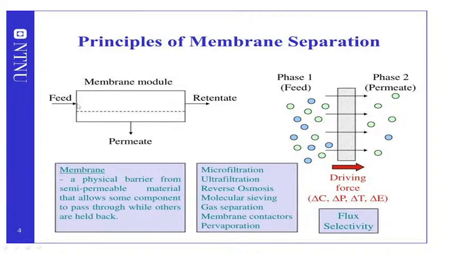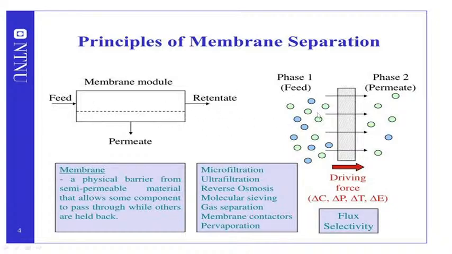Different membrane modules will be there. What is passing through the membrane is called the retentate, and what is not passing through the membrane is the permeate. Once we feed, there is a separation between these two fractions.